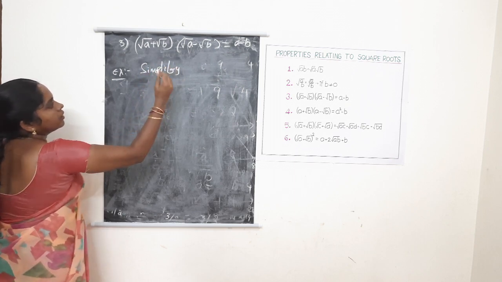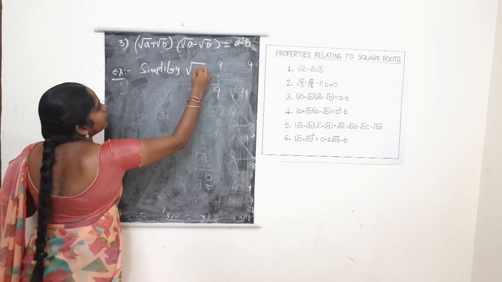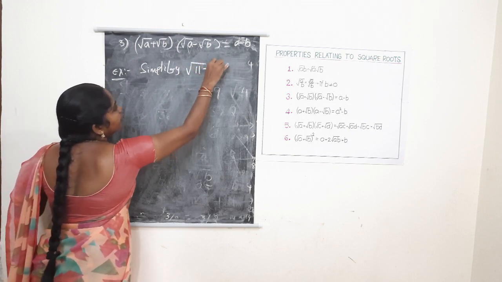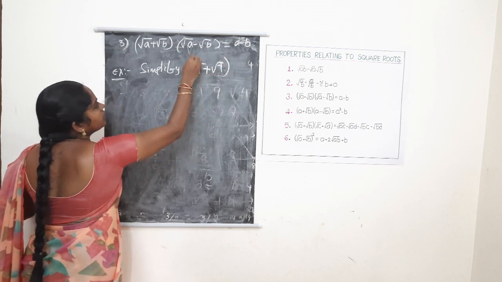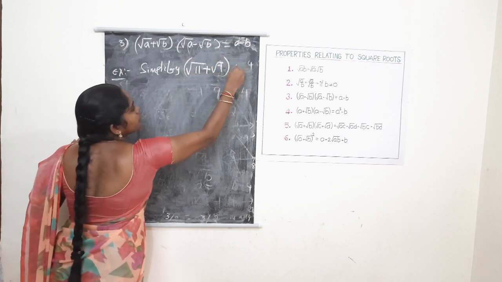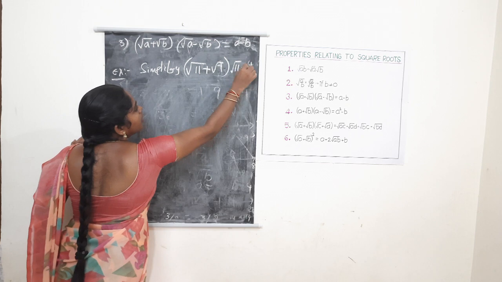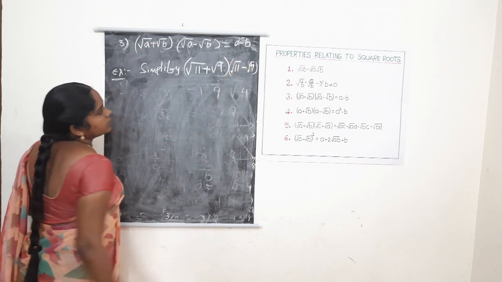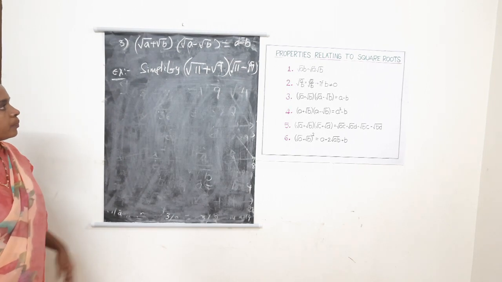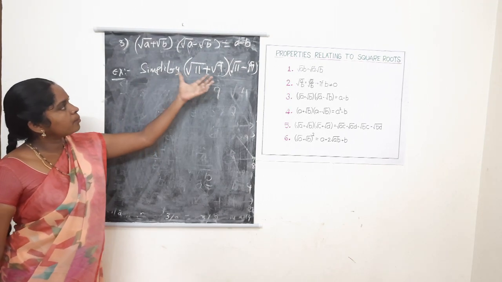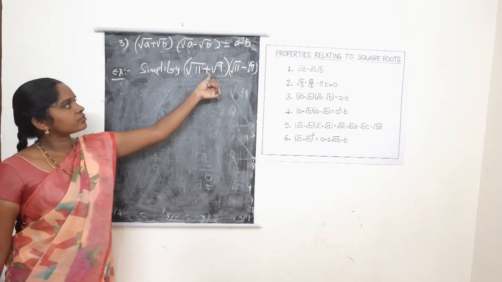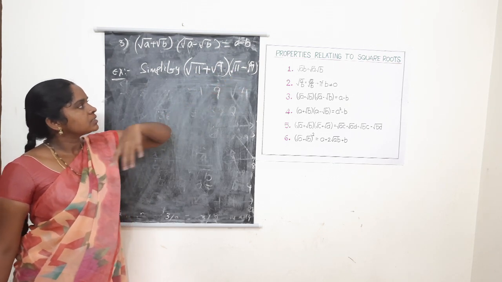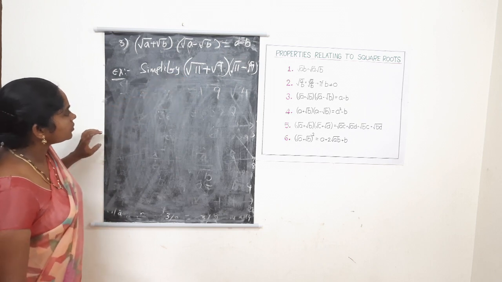Simplify square root of 11 plus square root of 7 into square root of 11 minus square root of 7.